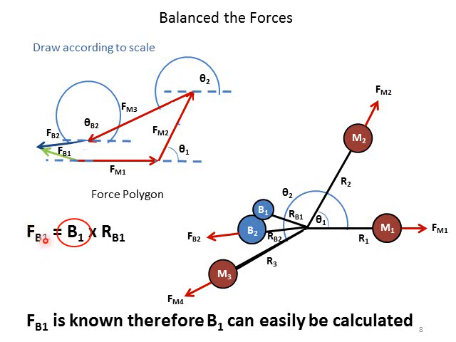So if FB1 is known, RB1 is already known, the radial distance of balancing mass B1 from the axis of rotation. Then we can easily calculate the unknown balancing mass B1. Just divide FB1 by RB1. So in this way, we can easily calculate the unknown balancing mass B1.